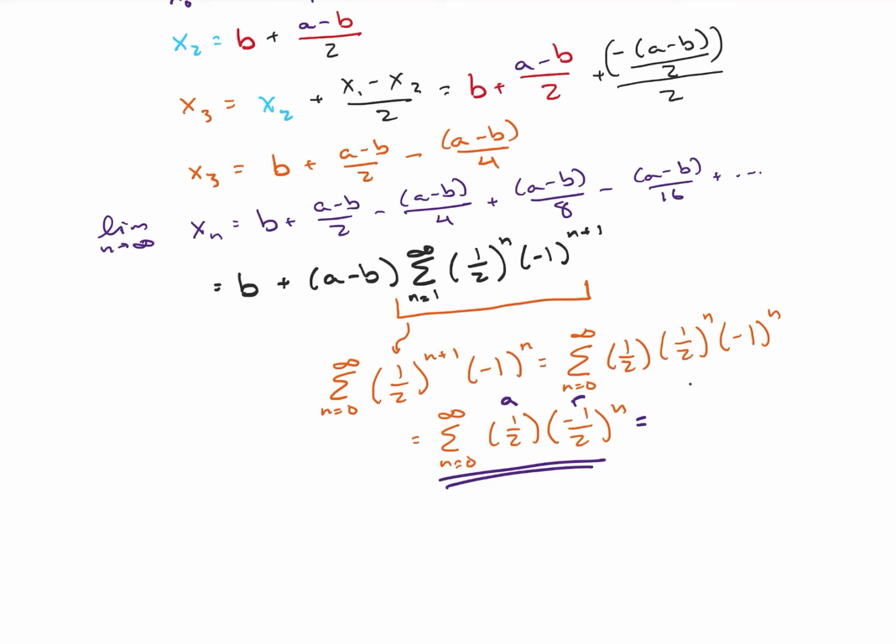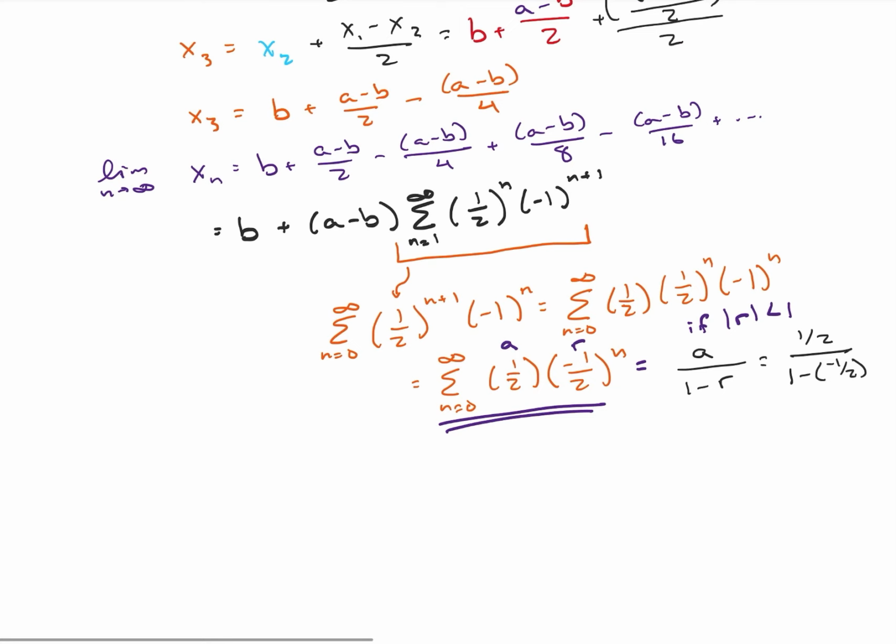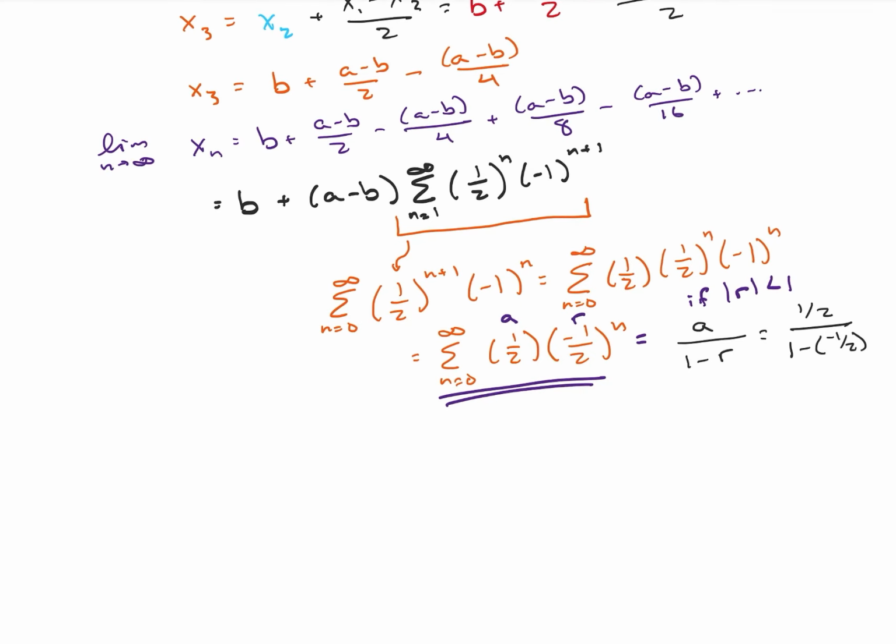As long as the magnitude of r is less than 1, this thing is going to sum to a over 1 minus r, which in this case is 1/2 divided by 1 minus negative 1/2. All right, so what is that? That is actually 1/2 divided by 3/2, which is going to be 1/3.